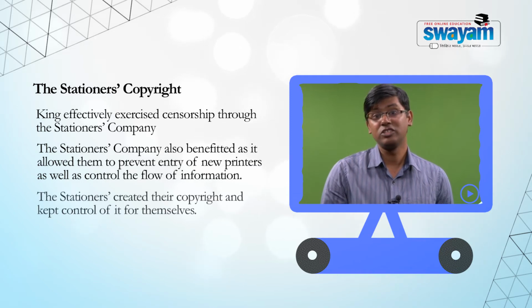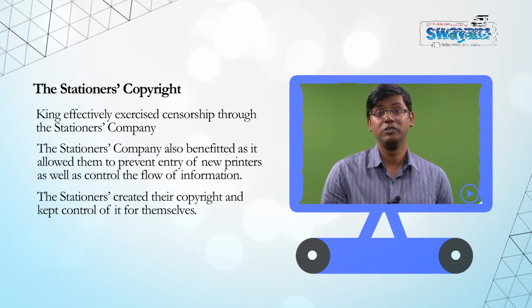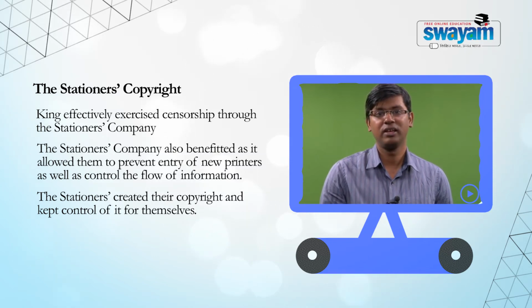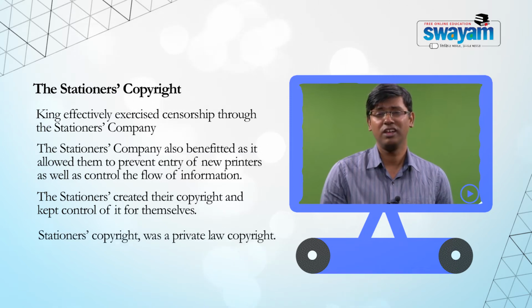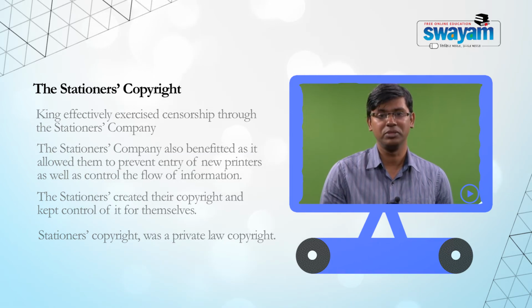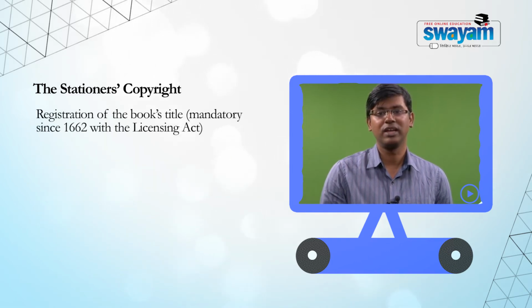The Stationers' Company created their copyright and kept control of it for themselves. The first English copyright, the Stationers' copyright, was largely a private law copyright. It was defined only in the ordinance of the Stationers' Company. Registration of the book's title was absolutely mandatory.